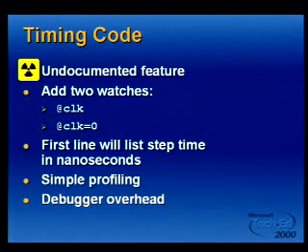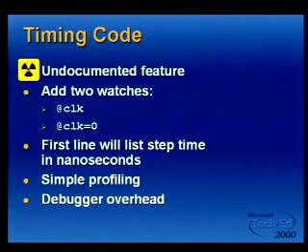So, timing code. We've got a simple way of doing some profiling in the debugger, and that's to use these undocumented pseudo registers, @CLK. When you want to time how long a particular call takes, you can add two watches, @CLK and @CLK=0.